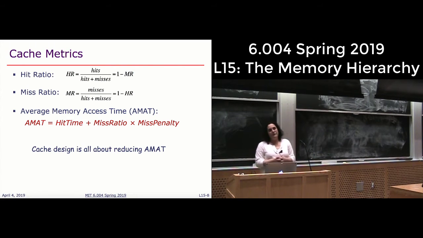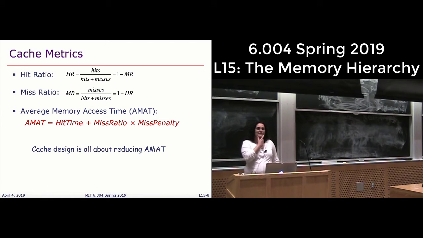The hit ratio is the number of hits divided by the total number of memory accesses, which is hits plus misses. The miss ratio is the reverse: misses over the total number of memory accesses. Because these are inverses of each other, the hit rate is equal to 1 minus the miss rate, and the miss rate is equal to 1 minus the hit rate.